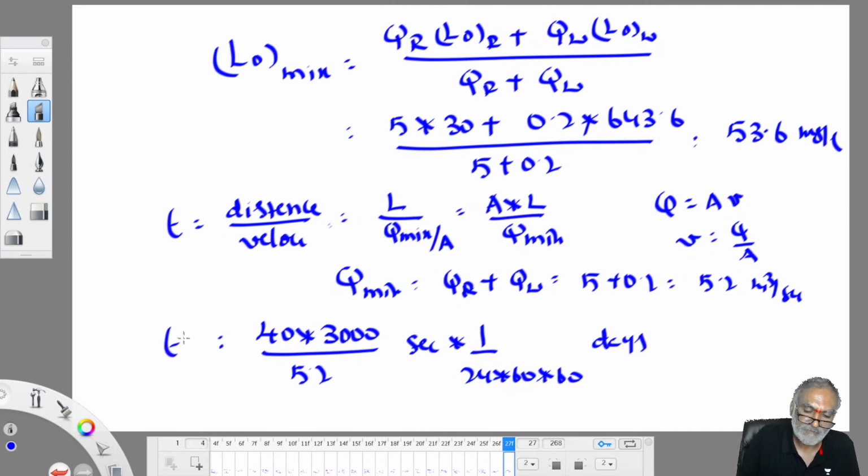So 40 into 3000 by 5.2, by 24 into 60 into 60. So it is 0.267 days.